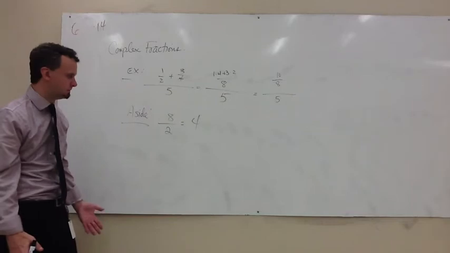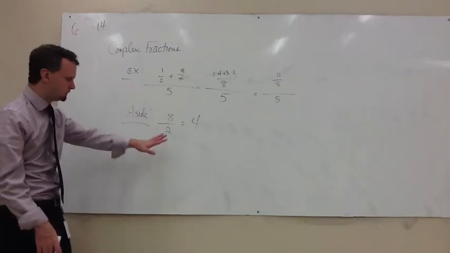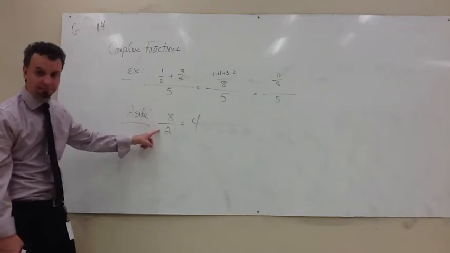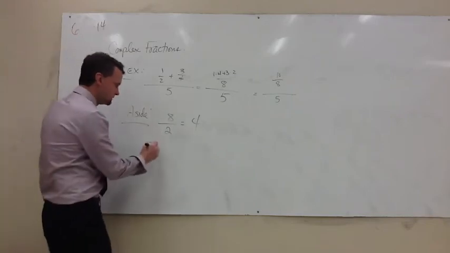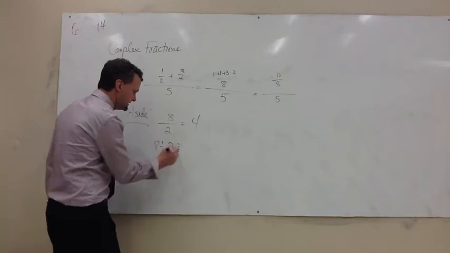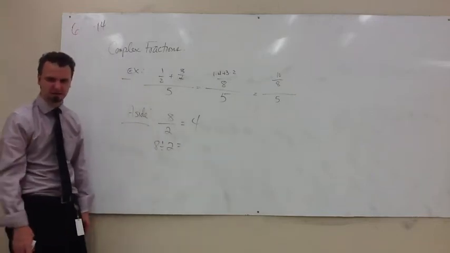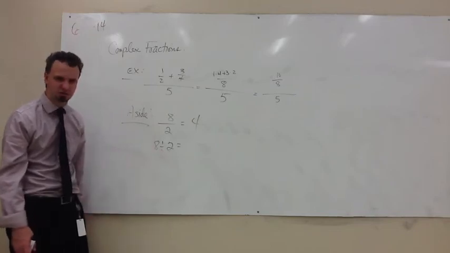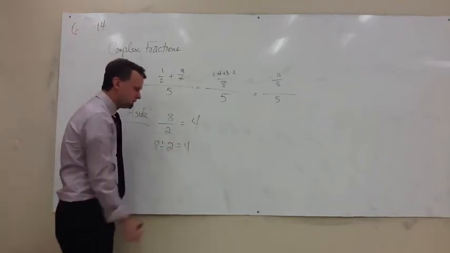If you don't, then we got real issues, but hopefully you're going with 4. Now, I know you all know that. The question is, isn't that the same thing as what I just did? 8 over 2 and 8 divided by 2? They're the same thing. So this is also 4.